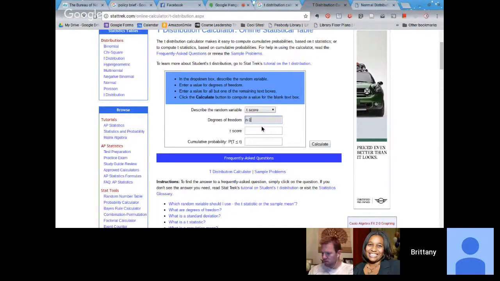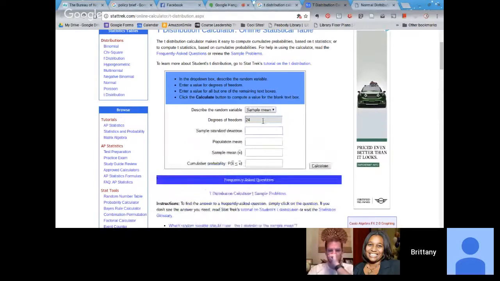Okay, so whatever your particular sample size is, minus 1, and that's your degrees of freedom. So say we have a sample of 25 students, so our degrees of freedom would be 24.